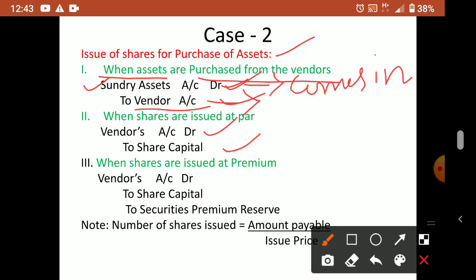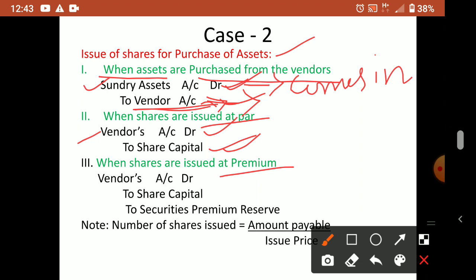Okay, vendor. Then when shares are issued, here also we can issue the shares either at par or at premium. So if shares are issued at par, then what we write? This vendor, what we credited here, the same we have to debit. Now the vendor account will be closed and we are issuing them shares, so share capital.